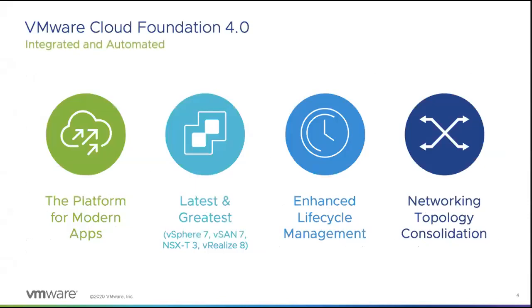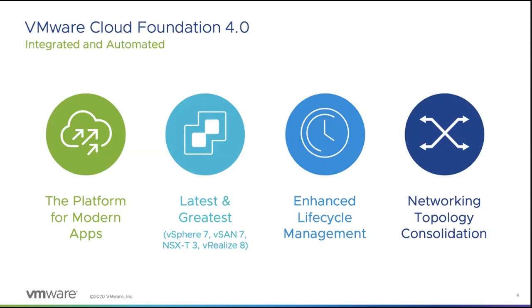So to start with, we'll just look at what are the main features of VMware Cloud Foundation 4.0. So VCF 4 is a complete platform for modern apps. It'll provide you an agile infrastructure to bridge the gap between the app teams and the IT teams in your environment. And so that'll actually help you accelerate the DevOps ecosystem for your business.